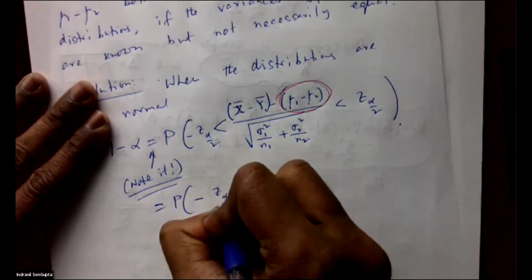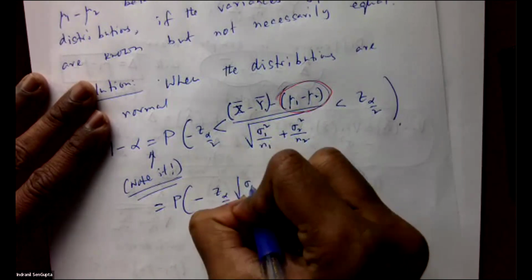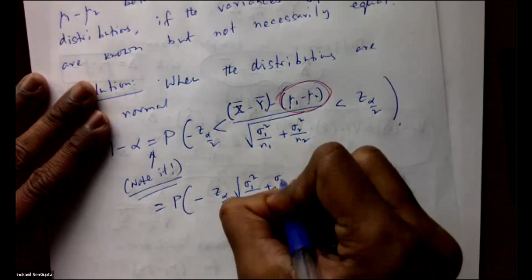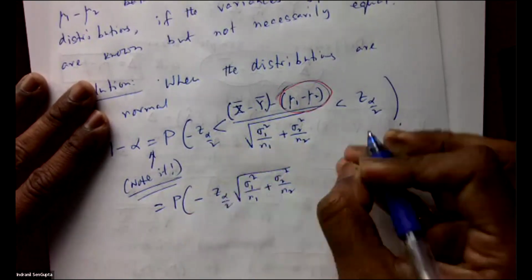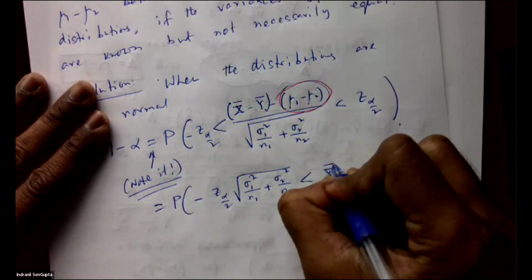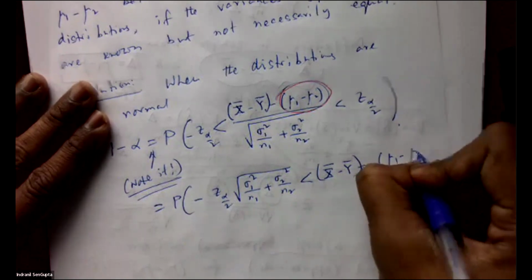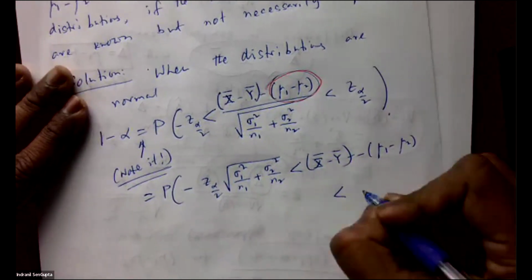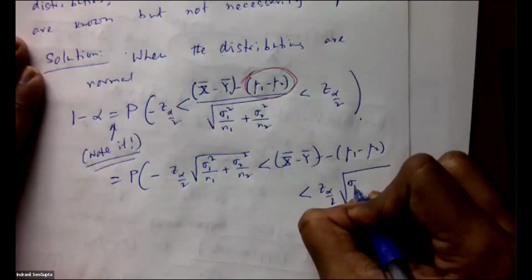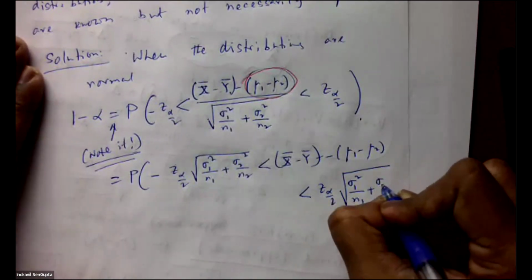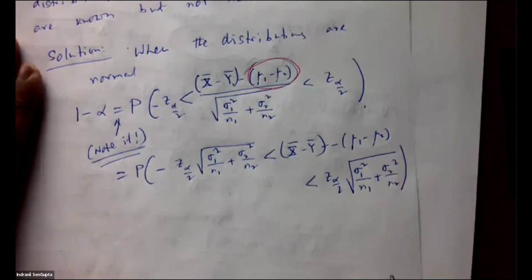So it's minus z of alpha over 2 times the square root of sigma 1 squared over n1 plus sigma 2 squared over n2, less than x bar minus y bar minus mu1 minus mu2, less than z of alpha over 2 times the square root of sigma 1 squared over n1 plus sigma 2 squared over n2.